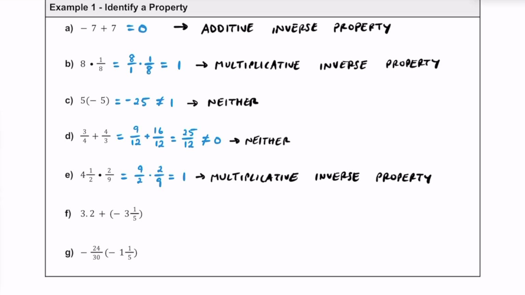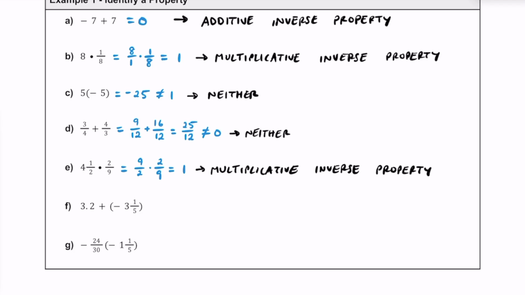All right, cool. Let's take a look at this next one. For F here, we have positive 3.2 and -3 1/5. So we're adding here, so we should be getting 0 using the additive inverse property. Now, there's a couple ways you can think about this. You can either turn this one into a decimal or turn this one into a fraction. I think it's a little bit easier for me to turn the decimal into a fraction.